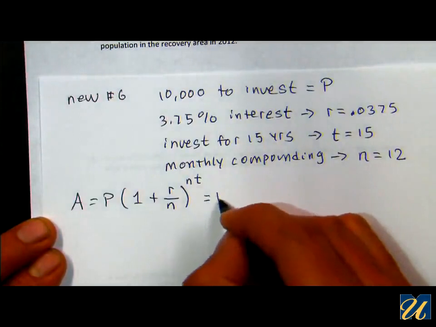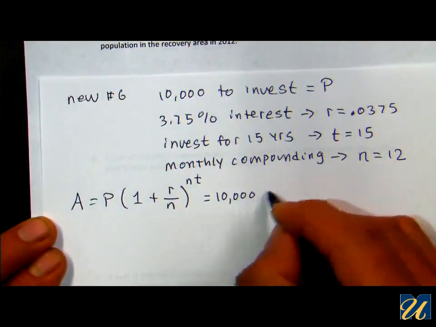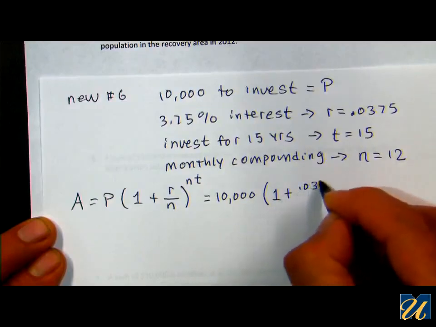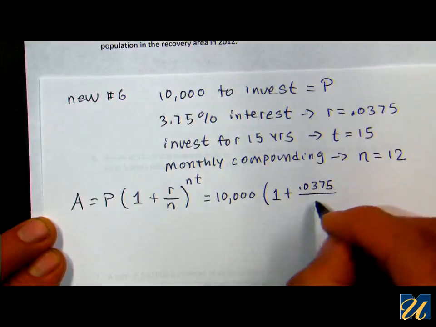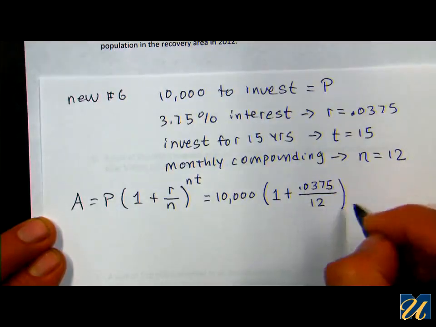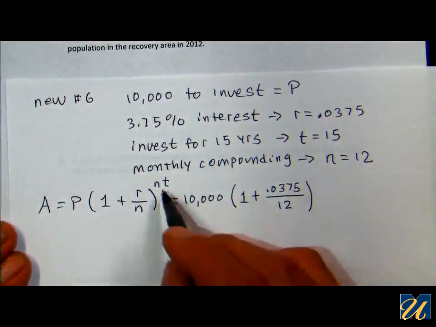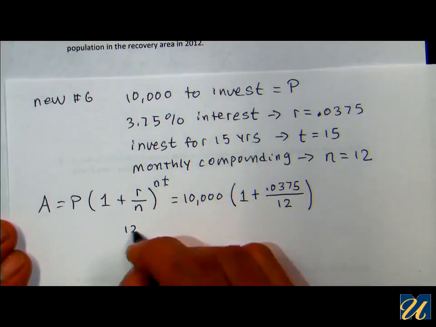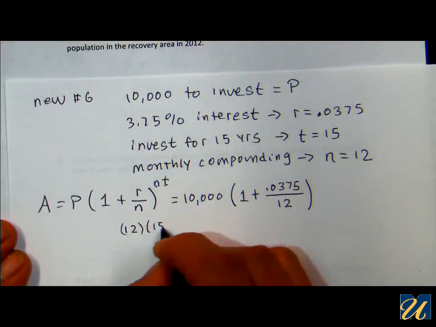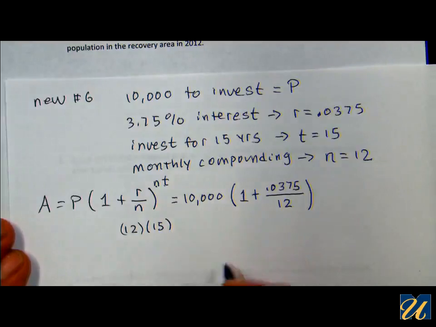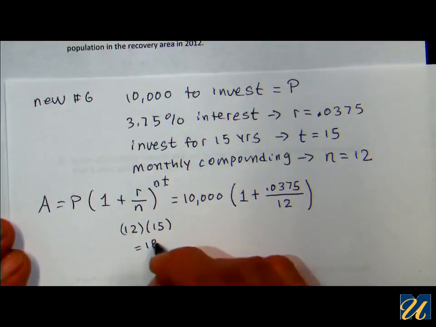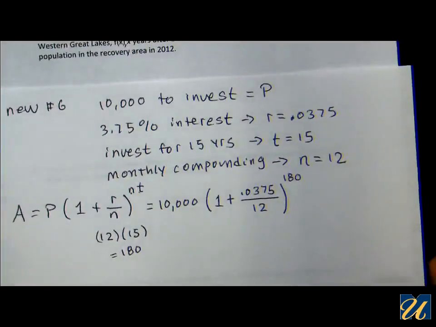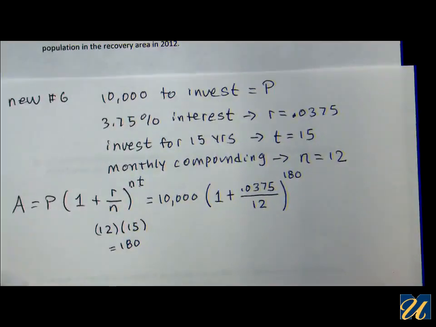Let's substitute that in. We're investing $10,000 at the start. 1 plus R, 0.0375 is R, divided by N, which is 12, raised to the power N times T. So off to the side here, N is 12, and T is 15, and 12 times 15 is equal to 180. So the exponent is 180. It's often easier to do the exponent, especially when it's easy to do, off to the side.